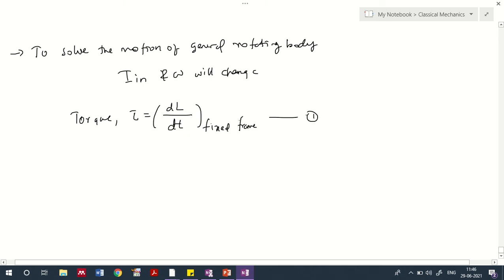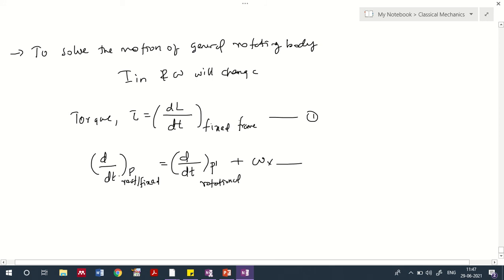And now in the last class we also did an exercise and found that there is an operator d by dt at P, which is a rest or fixed frame of reference, equal to d by dt at P dash, which is a rotational frame of reference, plus omega cross.